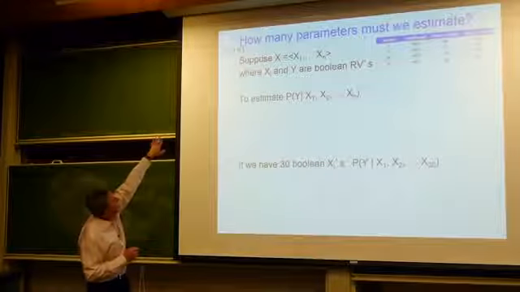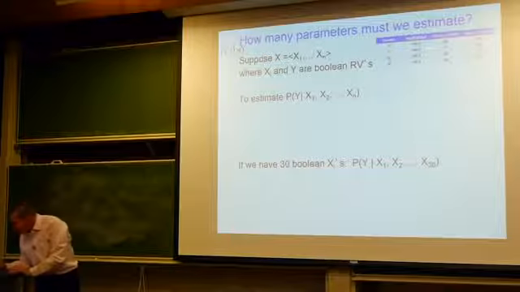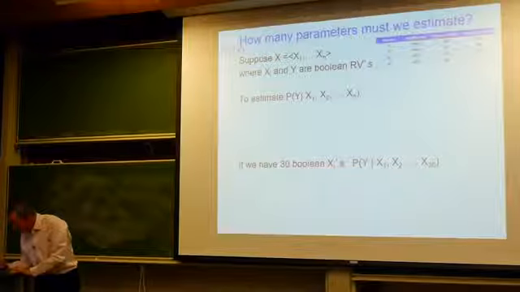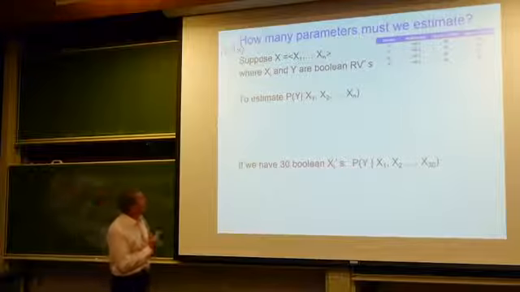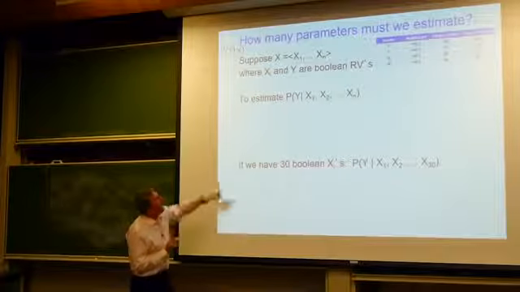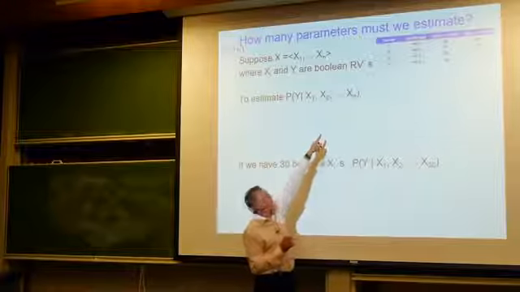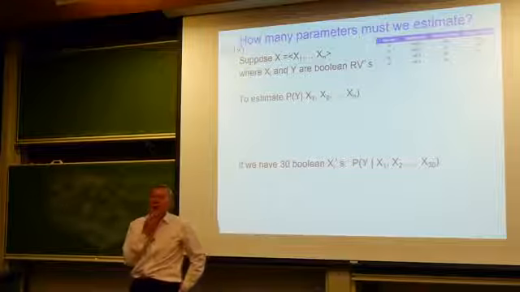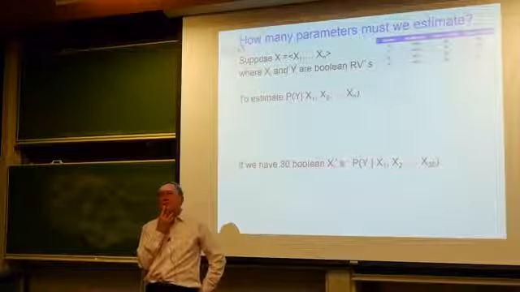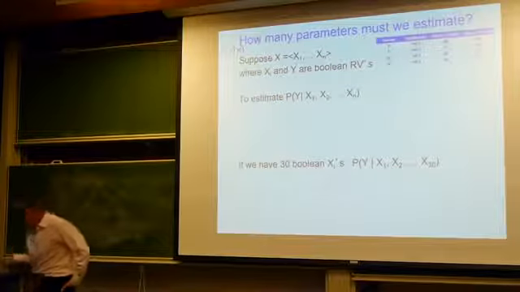So anyway, suppose we're interested in getting P of y given x, where x is just a vector of Boolean random variables, and y itself is a Boolean random variable. Then in general, if I want to estimate this and I have n Boolean x's and 1 Boolean y, how many parameters will I need to estimate? 2 to the power of n?